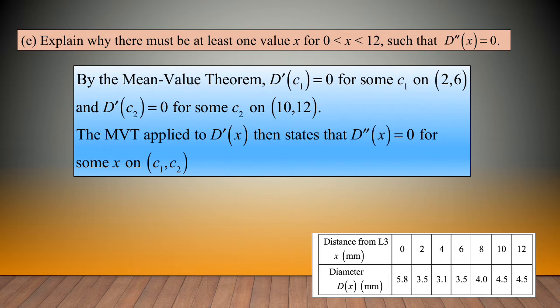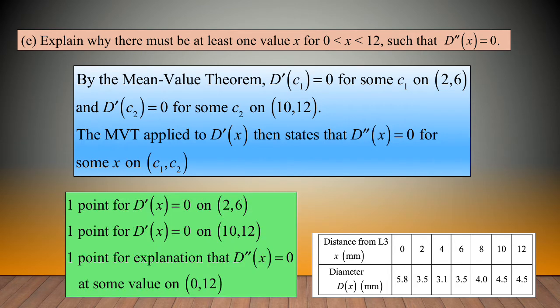And d prime of C2 must also equal 0 for some C2 on 10, 12. So, because the function is twice differentiable, the mean value theorem applied to d prime of x will then state that d double prime of x has to equal 0 for some x on C1, C2.